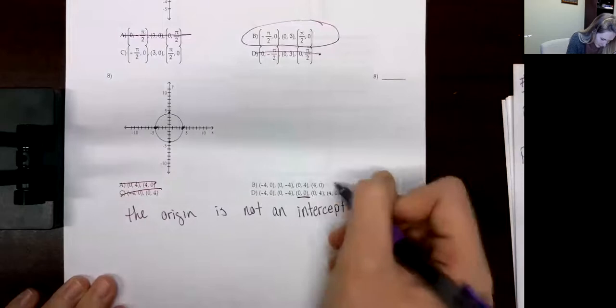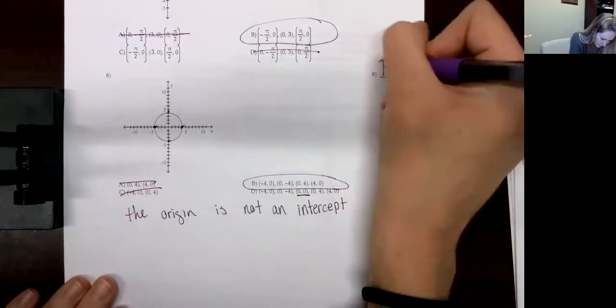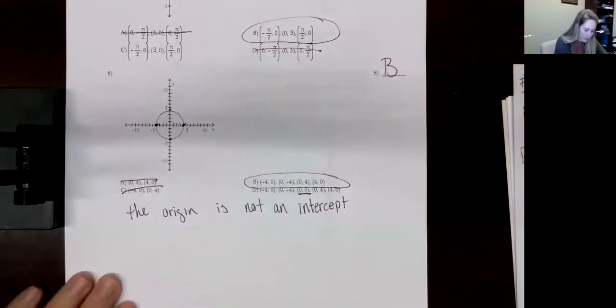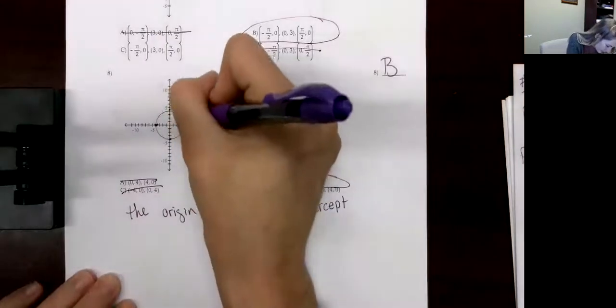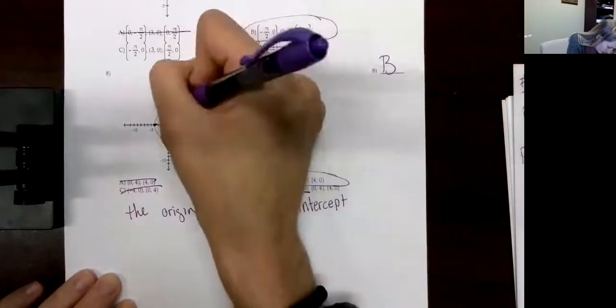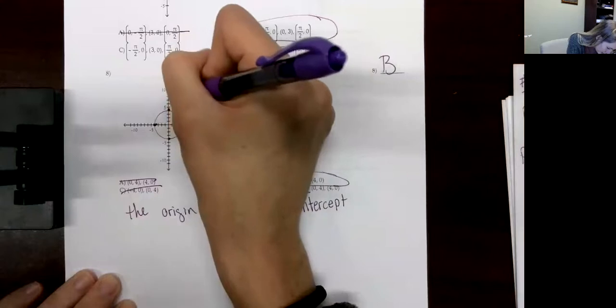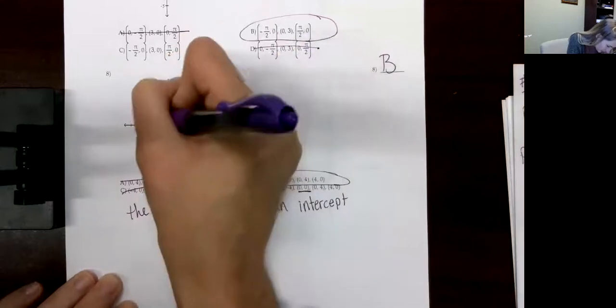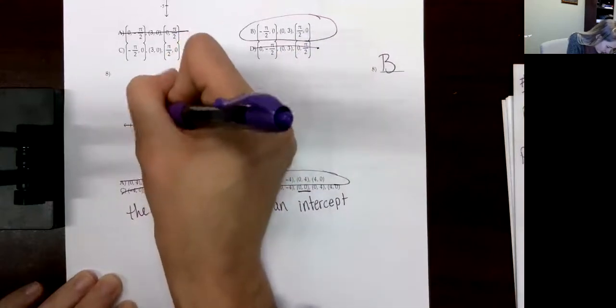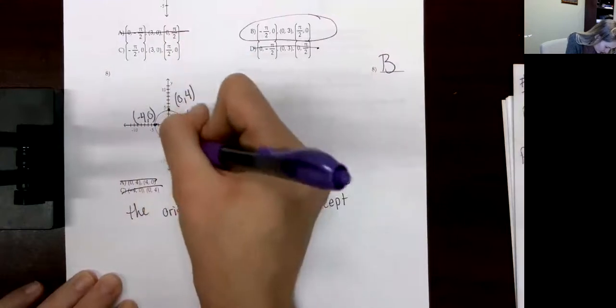And this one has the origin. This point right here is 4, 0. This one is 0, 4. This is negative 4, 0. And this one is 0, negative 4.